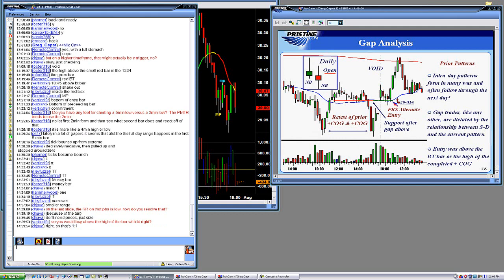I don't think so. If you're entering above the high of that bottoming tail, and your risk is below the low of that bottoming tail, this is more like 3-to-4 or 4-to-1.